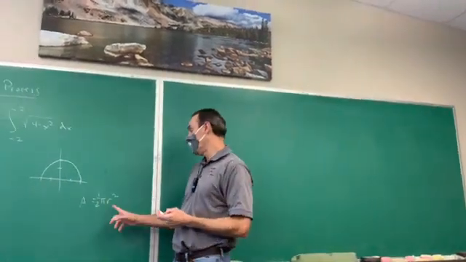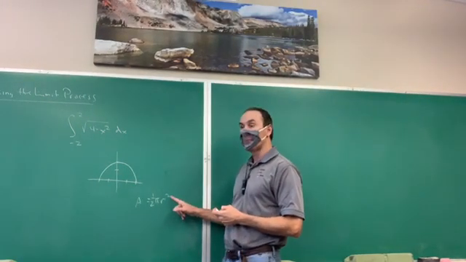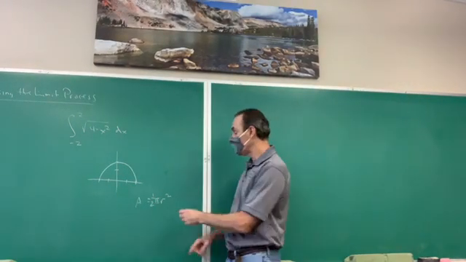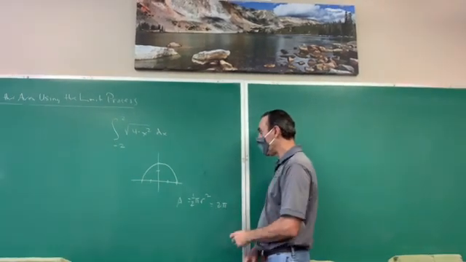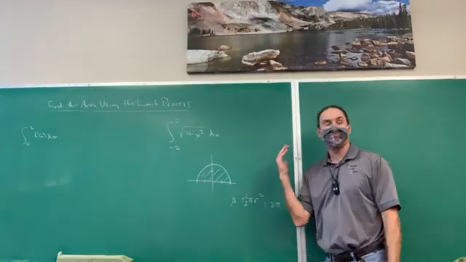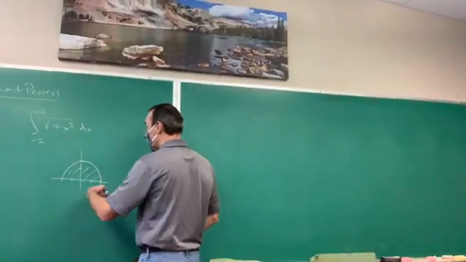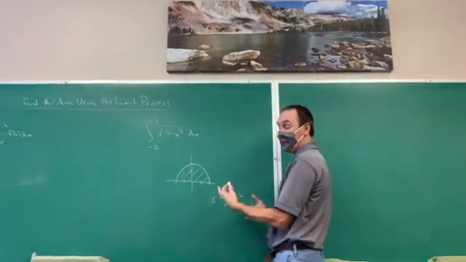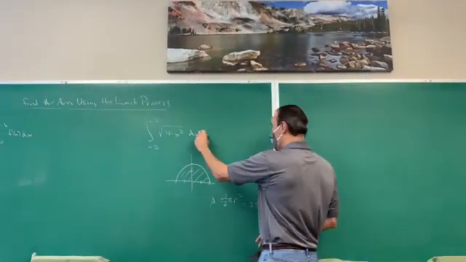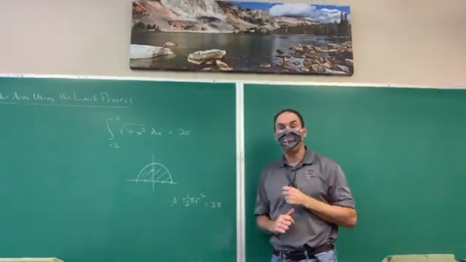Then we could recognize that the radius is 2, 2 squared is 4, half of that is 2, and so this would be 2 pi. And since this curve is completely above the x-axis, then its integral will be actually the area. And so we know the value of this integral is 2 pi.